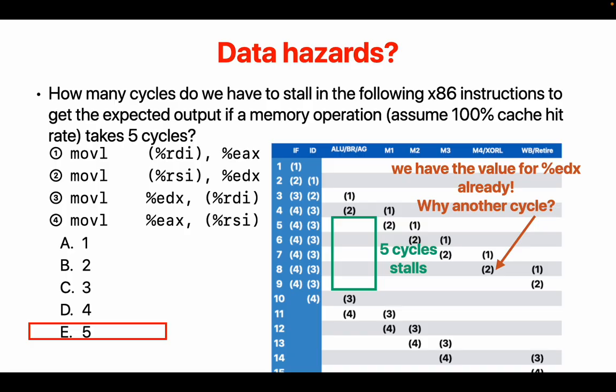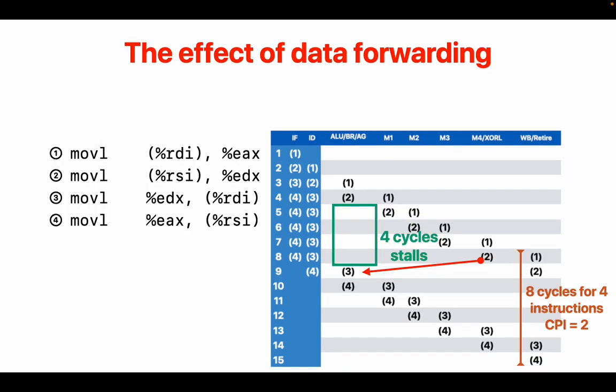What that means is that as long as you have a data hazard that depends on a memory access instruction, which is typically the case where we have to wait, there is a 5-cycle hazard. Even with data forwarding, it only helps you by 1 cycle, which is not really significant.